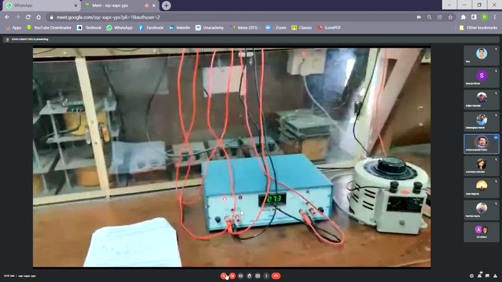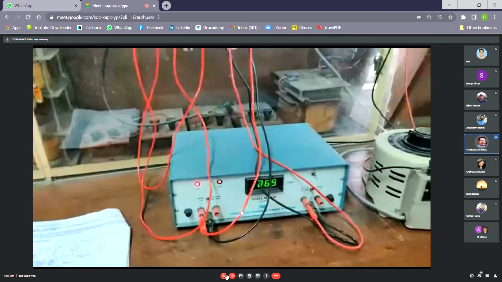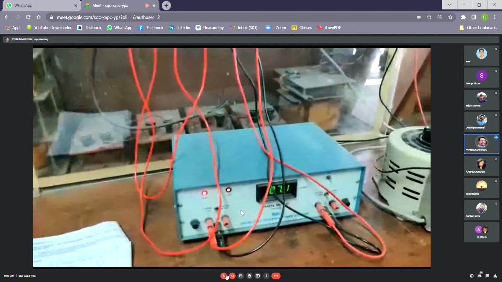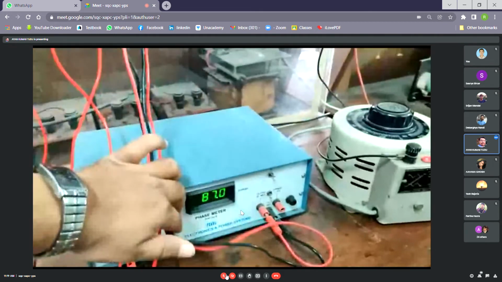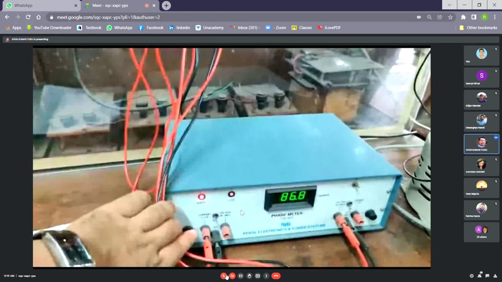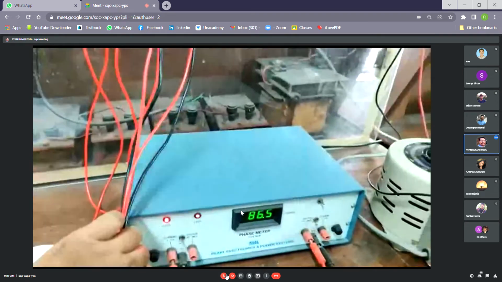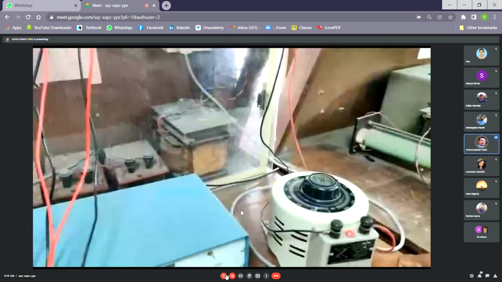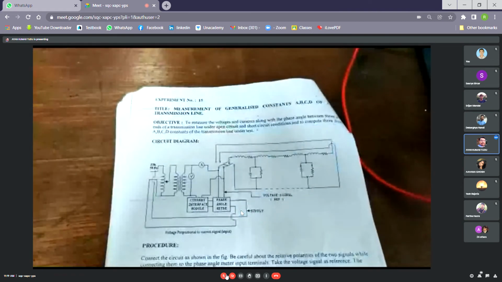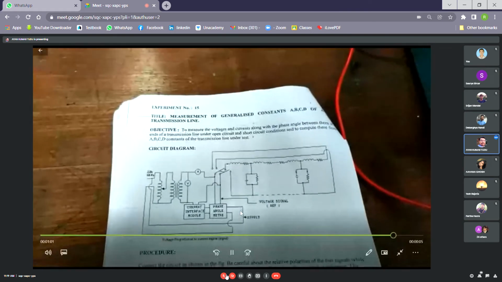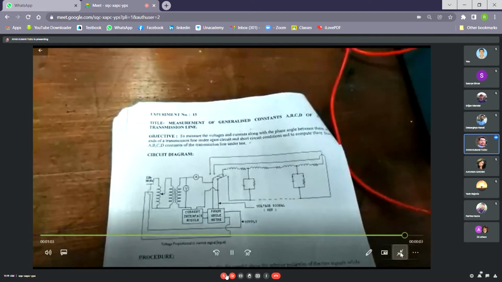This is the phase angle meter, by which we will see how much phase lag or lead has occurred. And this is the variac. And this is the circuit diagram of the circuit.